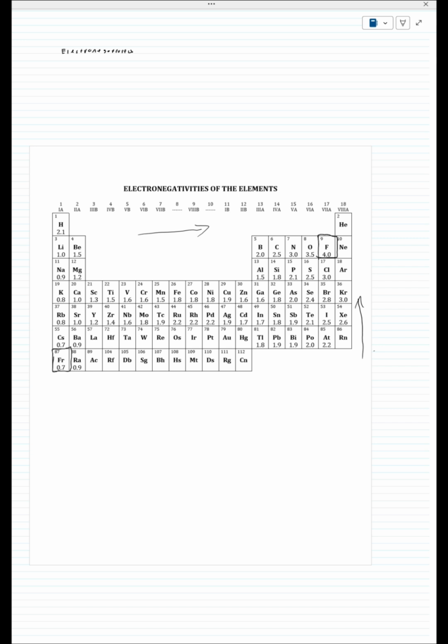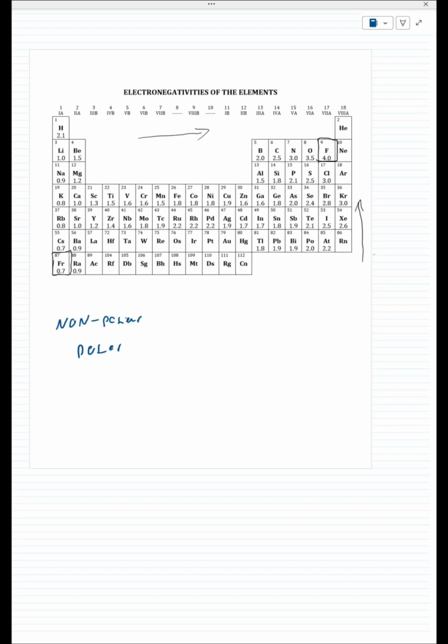So why do you need to know electronegativity? Well, this is how we learn our non-polar, our polar, and ionic bonds.